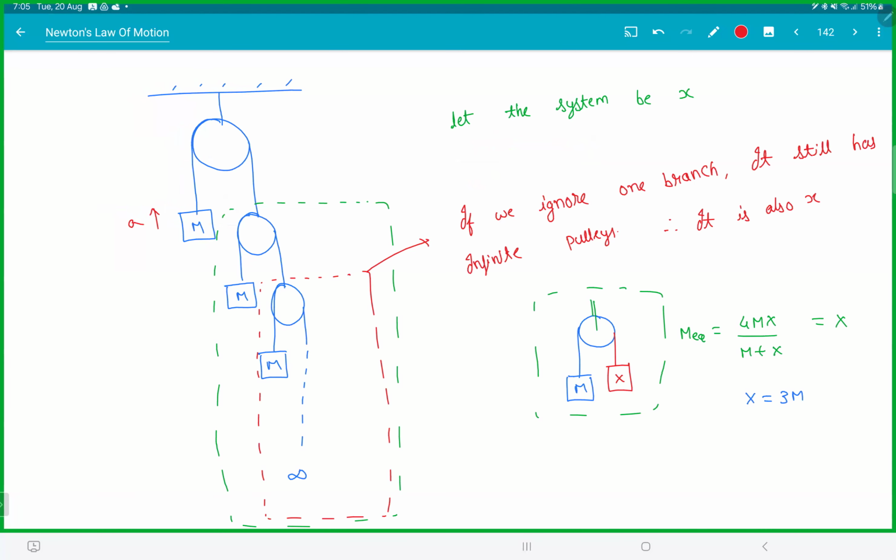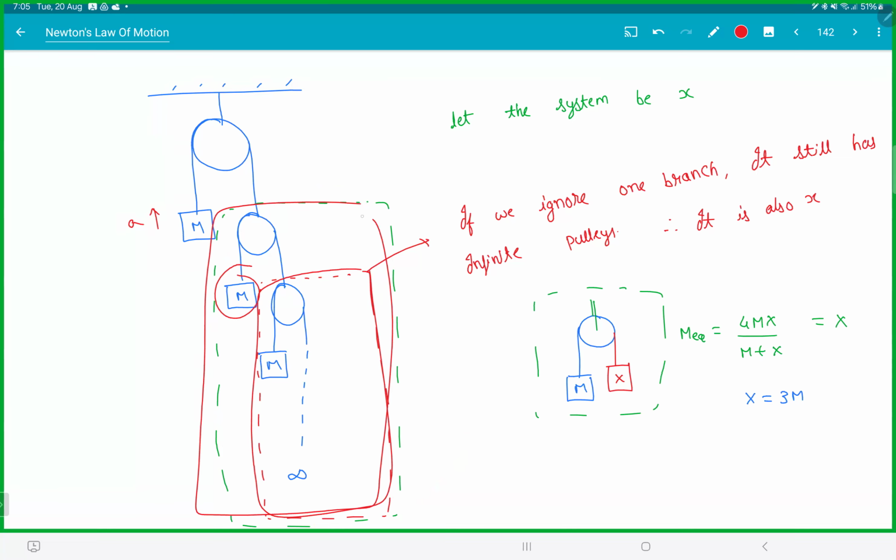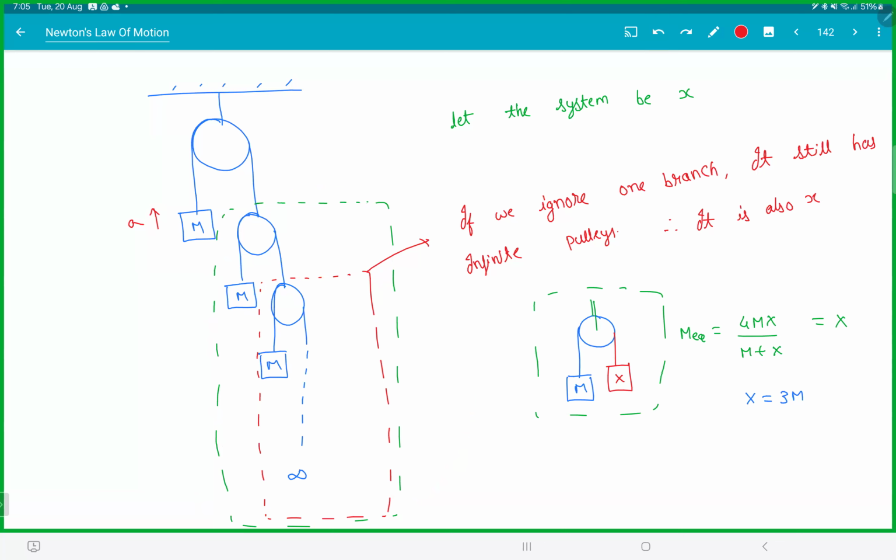See what I did. Let the whole thing be X. If I remove one branch, this whole thing is still X. So this whole thing in the red plus this blue block together must be this green one. And we know for a pulley and two blocks, the M equivalent is 4M1M2 by M1 plus M2. We derived that in the last class.